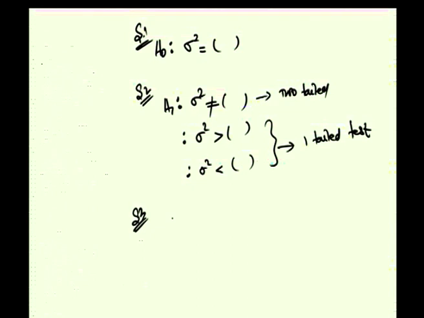Then, as usual, step 3 is the level of significance and degrees of freedom part. The degrees of freedom is actually k minus 1 for the chi-square distribution.